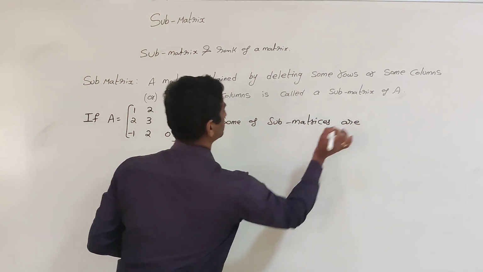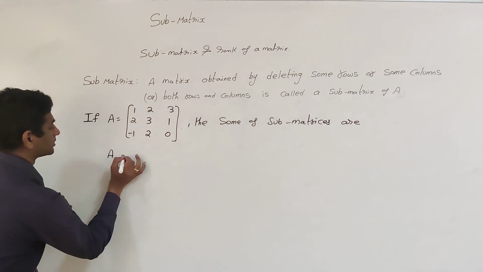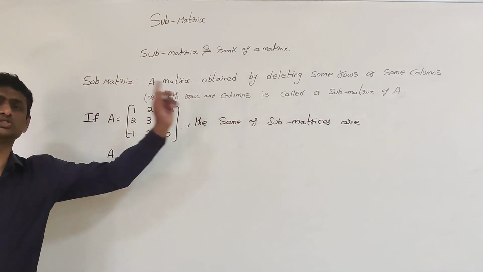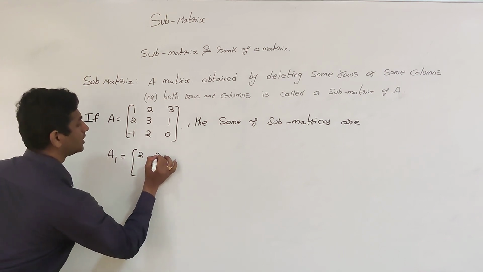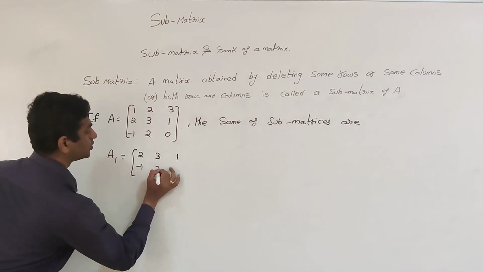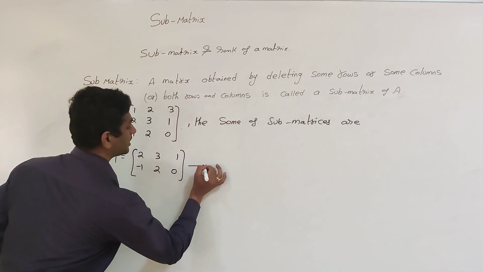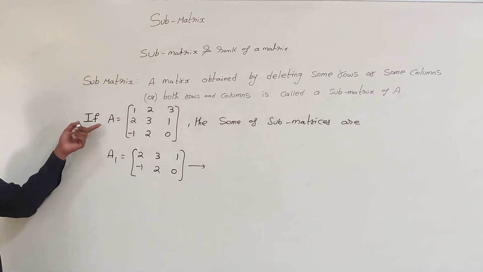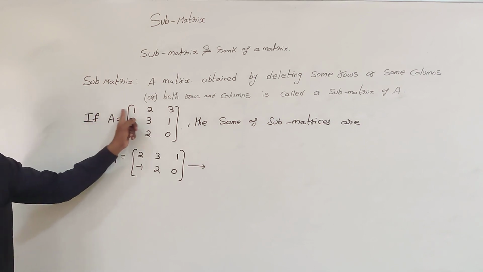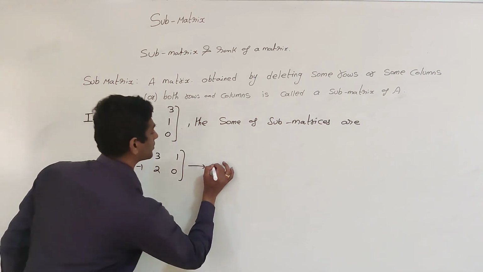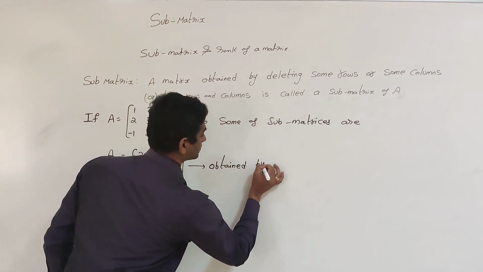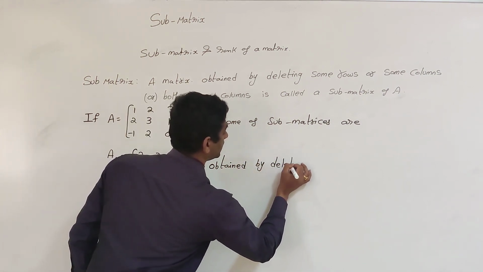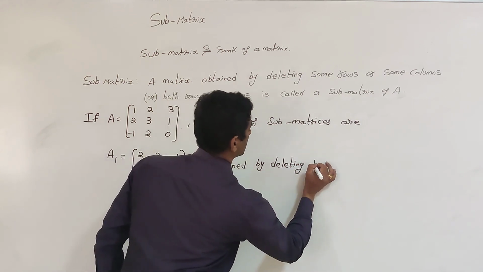A1: upon deleting the first row, the elements left are 2, 3, 1, minus 1, 2, 0. It is a submatrix of capital A, obtained by deleting R1.